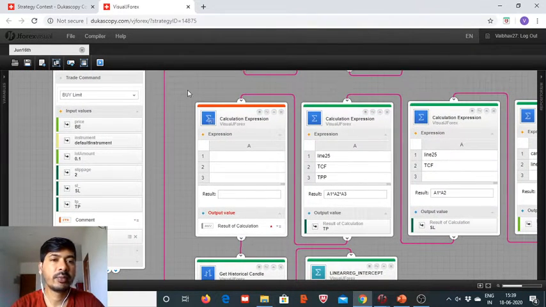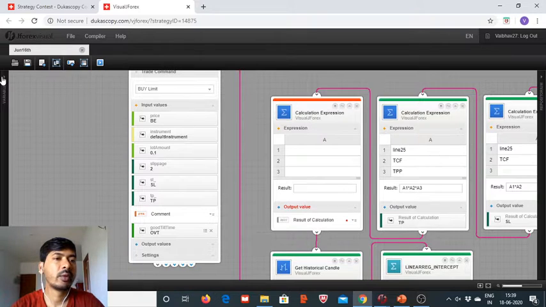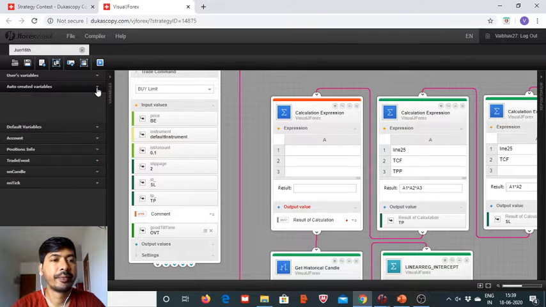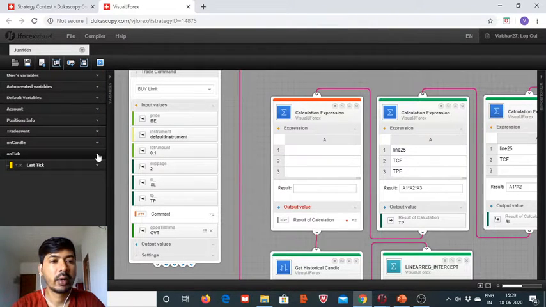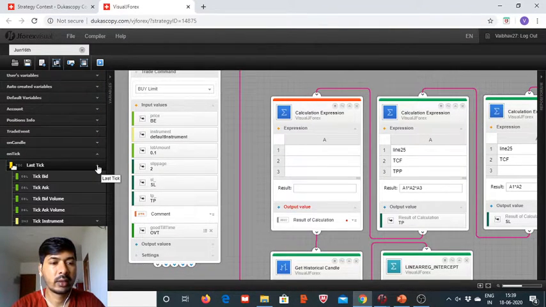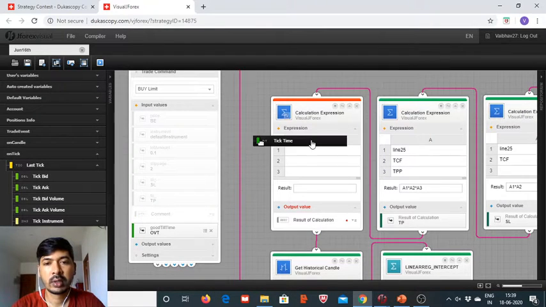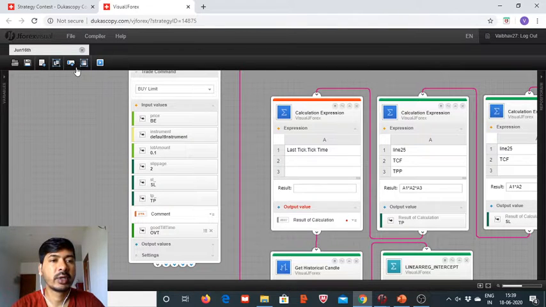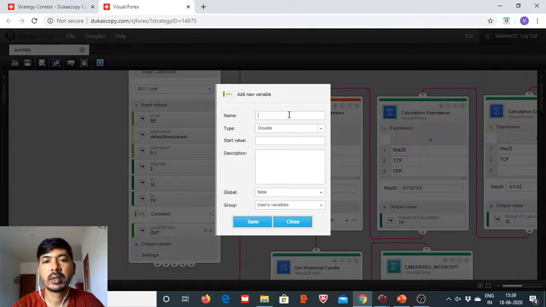To define the order validity, we have to take into account the last tick time in OnTick, it is here, and then we have to create a fresh variable, and this is going to be TT, tick time, and it will be 3.6 million ticks.